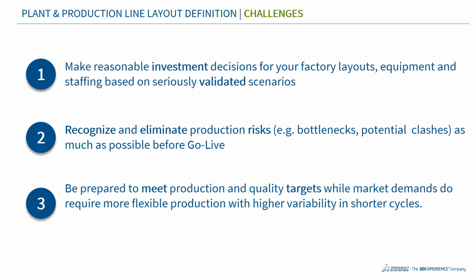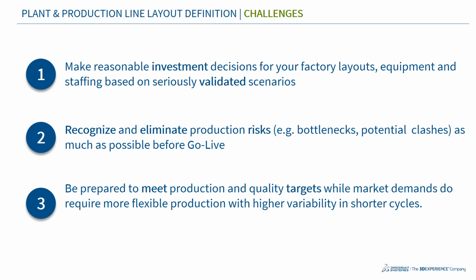So typically the bottlenecks, the clashes, if you have, for example, a power and free conveyor, how to make sure that the movement of the power and free conveyor will be done without any risk of collision and so on. And last point, it's maybe the most important: how to make sure that you will meet production and quality targets.